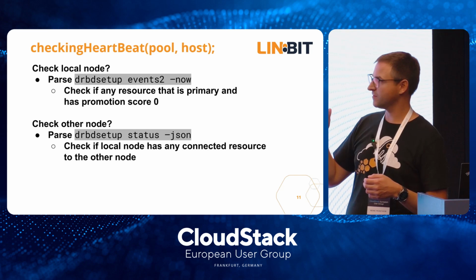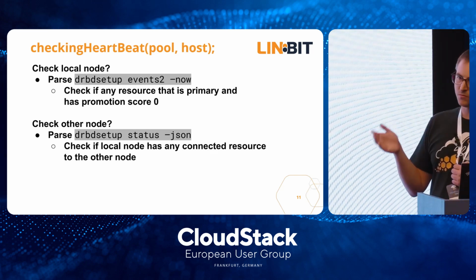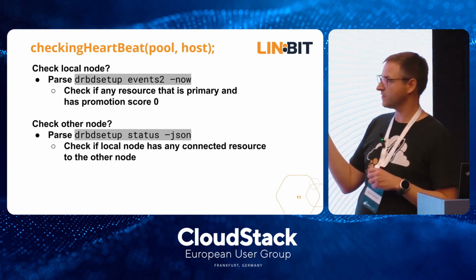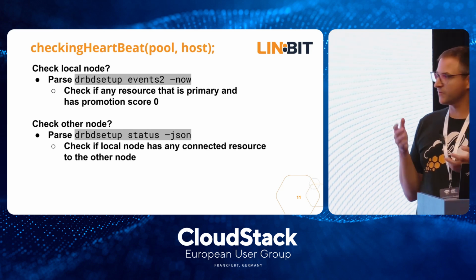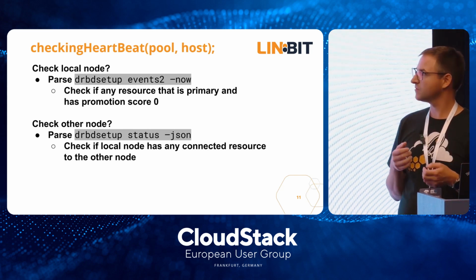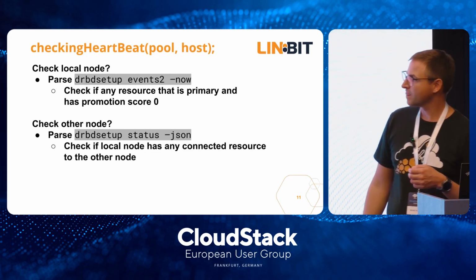I don't know the details. This is from the DRBD developers. But if it's 0, it doesn't want to go primary, or it can't even go primary if it has promotion score 0. So that's an indication for us. Okay, we have some problem because we can't reach other nodes and we can't get primary. So there must be something wrong.